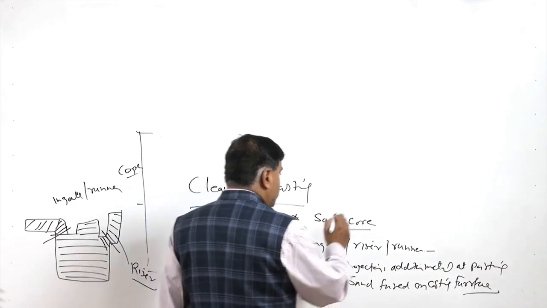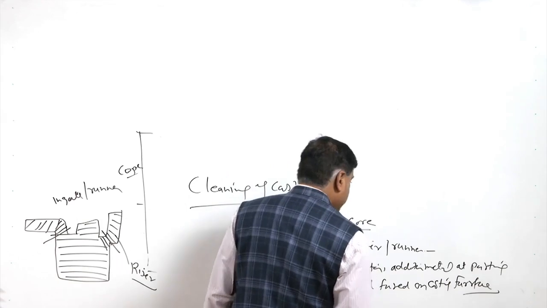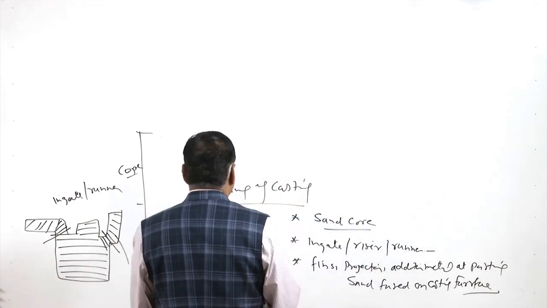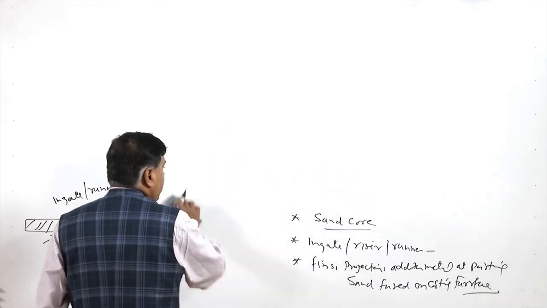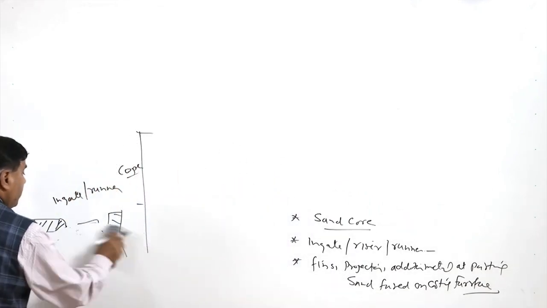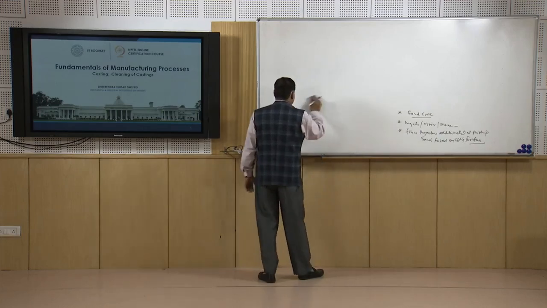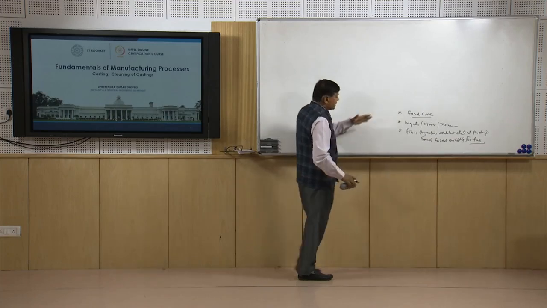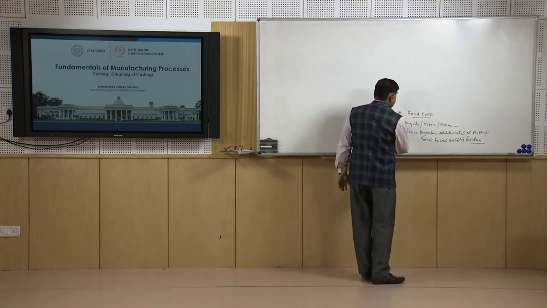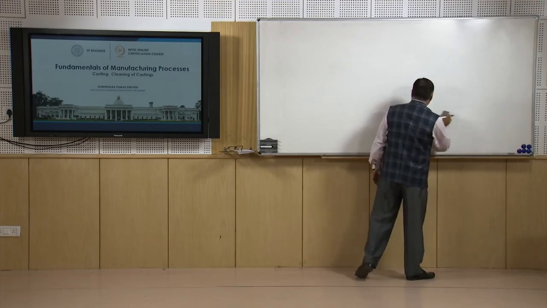So these are the things which need to be cleaned, need to be removed for proper cleaning of the casting, so that it can be used. We will be talking one by one about the approaches which are used for cleaning of the casting, for taking care of these three aspects related with the cleaning of the casting.